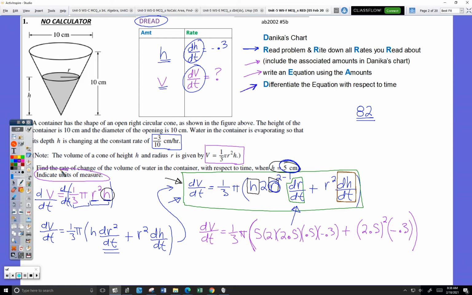You do have to show units of measure, so look at what you're finding. You're finding how fast the volume changes in terms of time. So because they're measuring things in centimeters, the volume is going to be centimeters cubed.